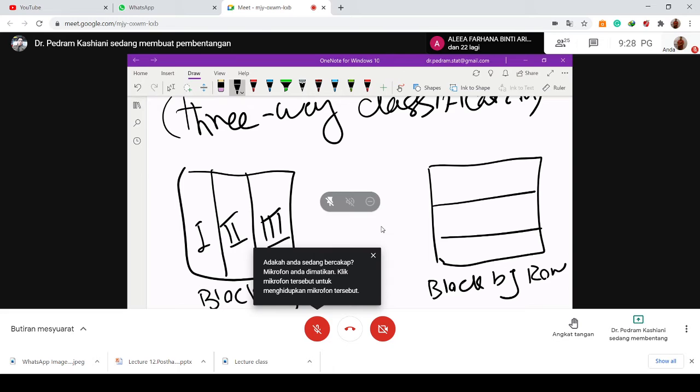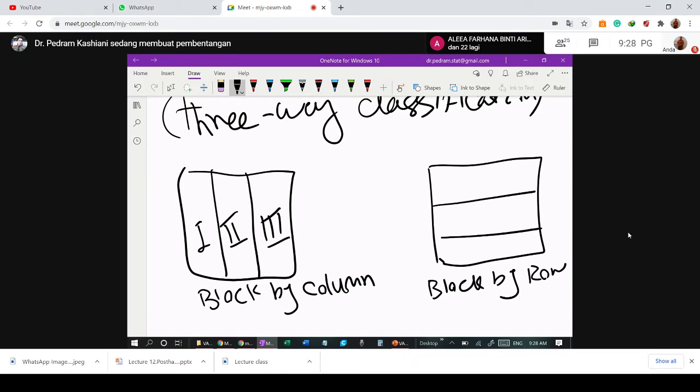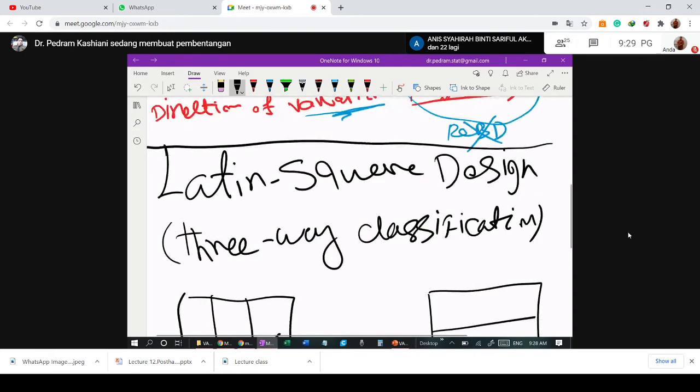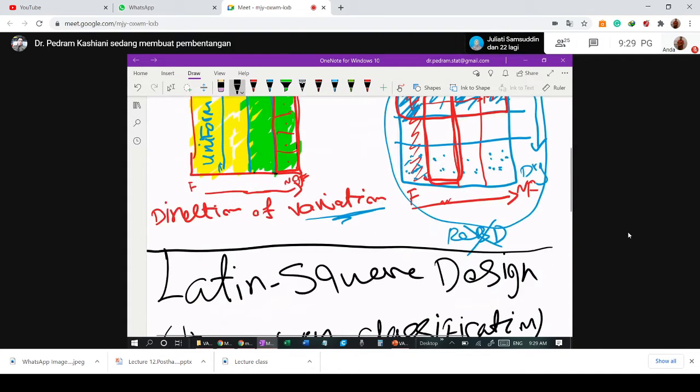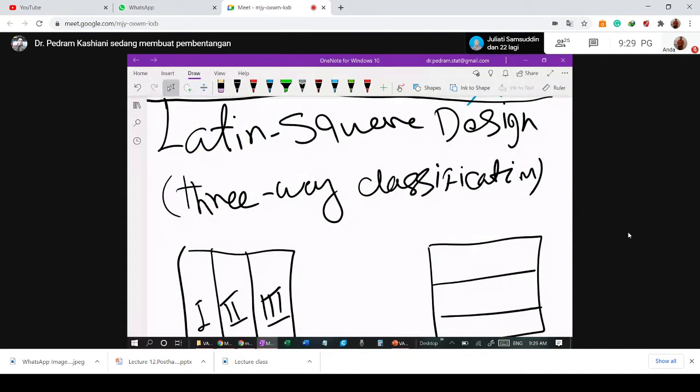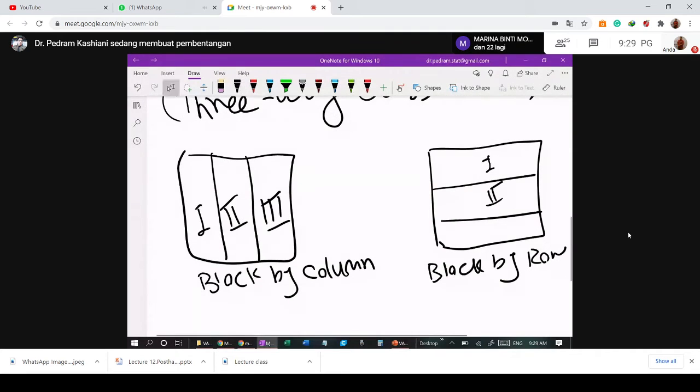And treatment. So I have three classifications. CRD: only treatment. RCBD: block and treatment. In Latin square, I have blocking by row, blocking by column, and treatment. That's why it is a three-way analysis, three-way classification.